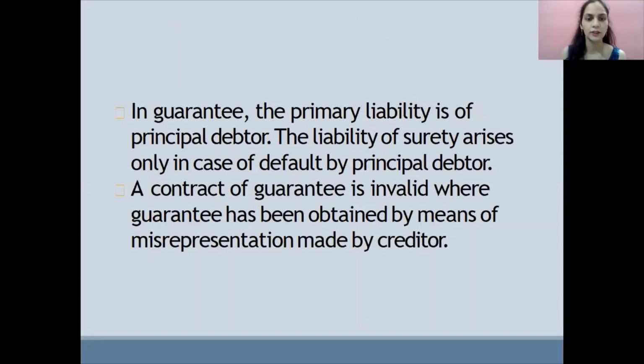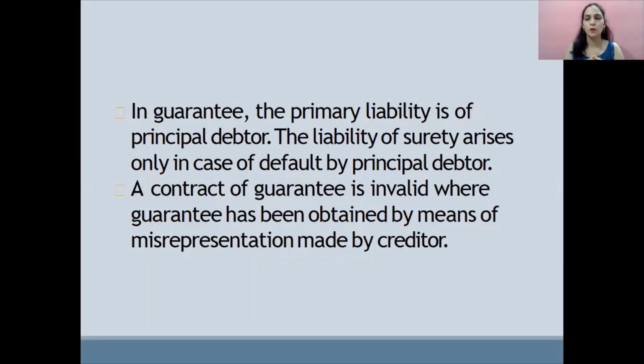Your next essential is, in the guarantee, the primary liability is of the principal debtor. Basically, the liability of the surety will arise only when the debtor defaults in the payment. And furthermore, the surety has given the assurance to the creditor when the loan has been taken by the debtor.